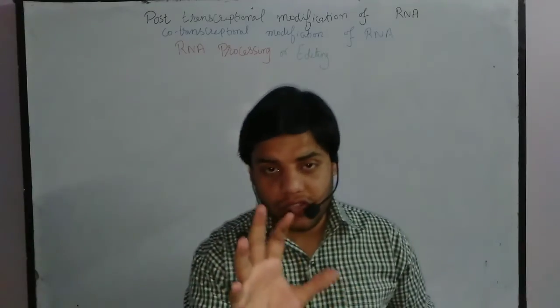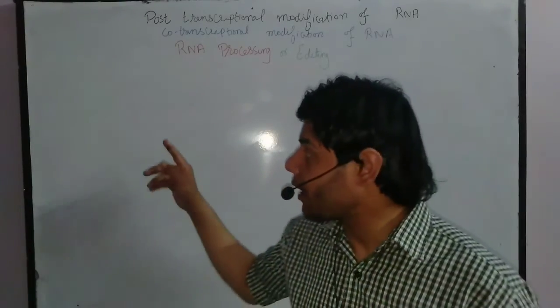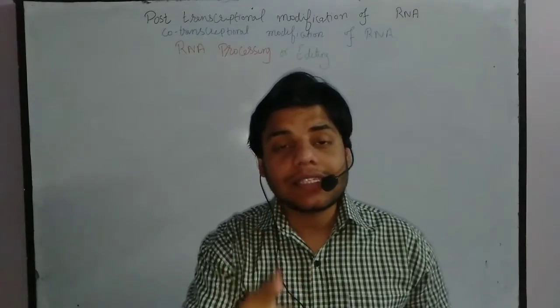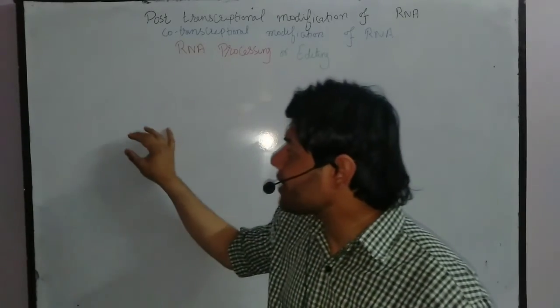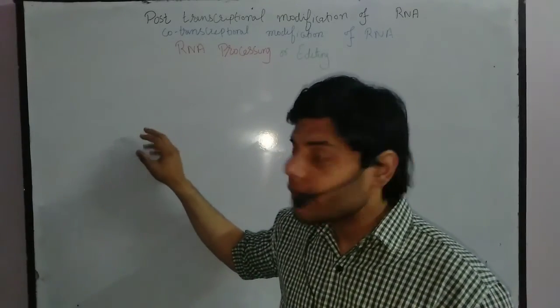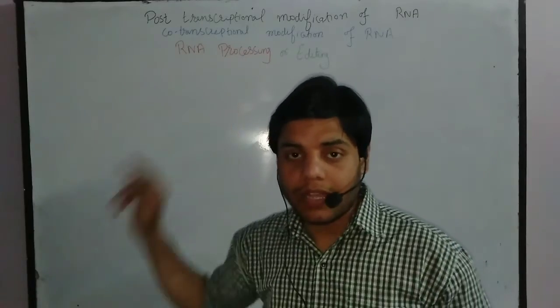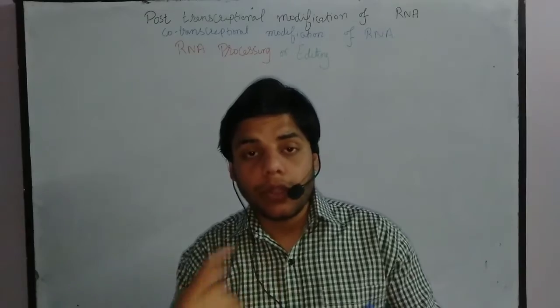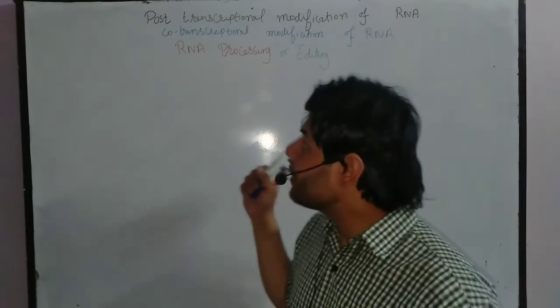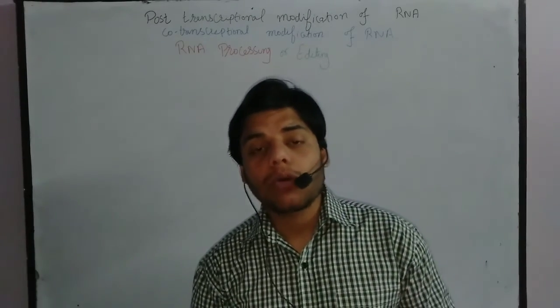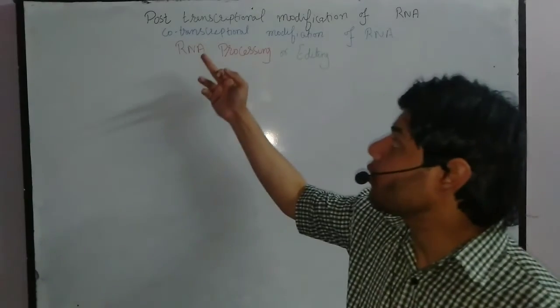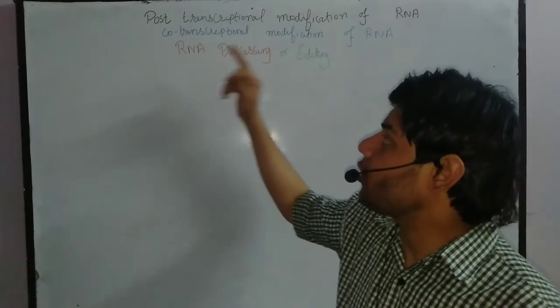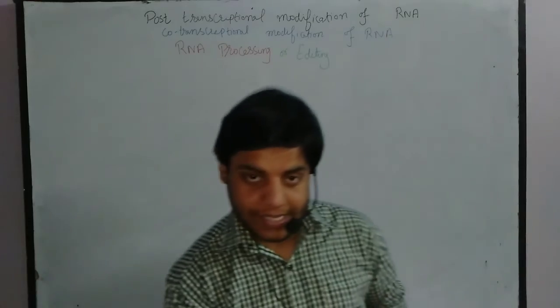Whenever these kinds of modifications occur, the RNA gets matured, leaves the nucleus, reaches the cytoplasm, and is ready for translation, or ready to produce protein. This process is called post-transcriptional modification, co-transcriptional modification, or RNA processing or editing.